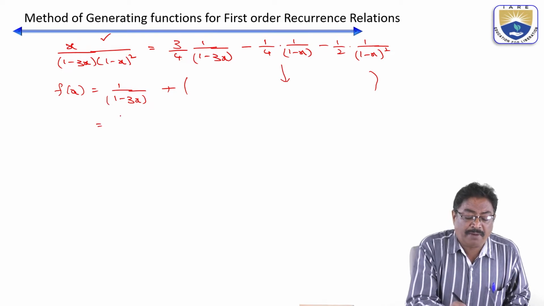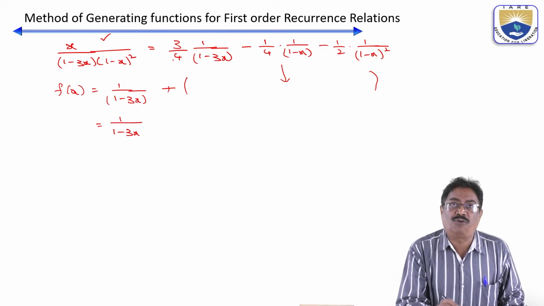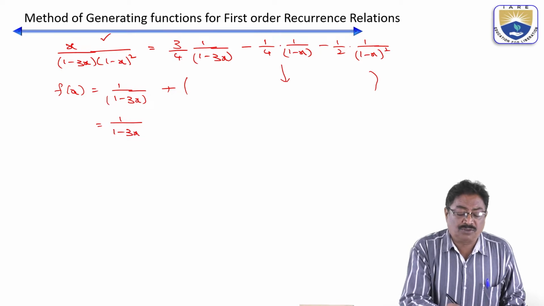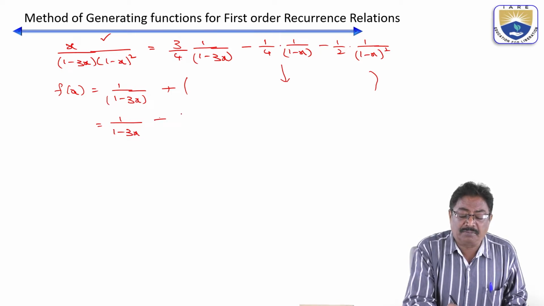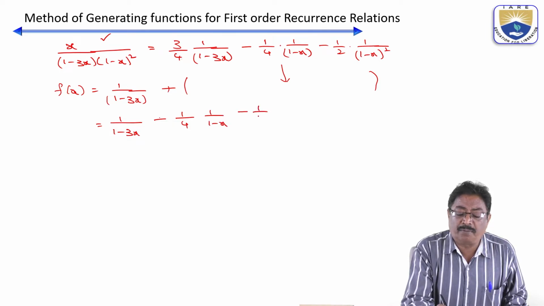Now this is 1 minus 1 by 1 minus 3x. If I take common, 1 plus 3 by 4, it is 4 by 4, so I am getting 1, and next minus 1 by 4 into 1 by 1 minus x, and minus 1 by 2 into 1 by 1 minus x whole to the power of 2.